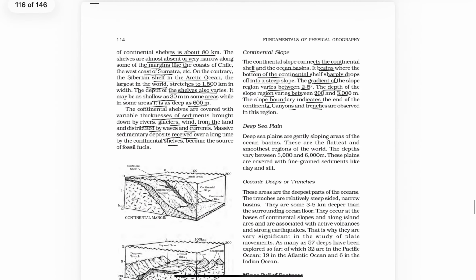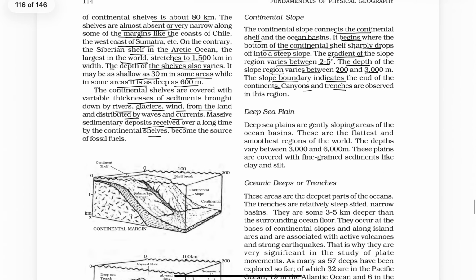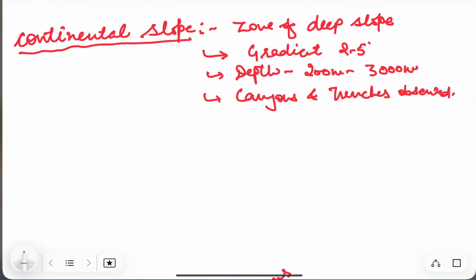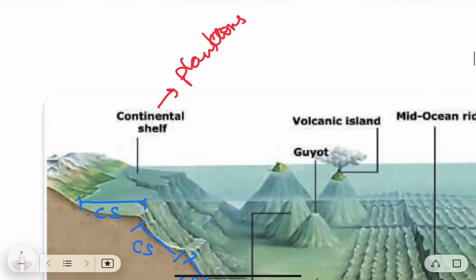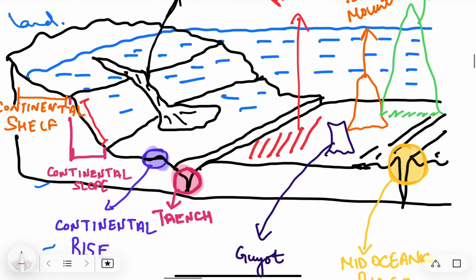Next we have the continental rise. First we have done continental shelf, then the continental slope, then the continental rise.